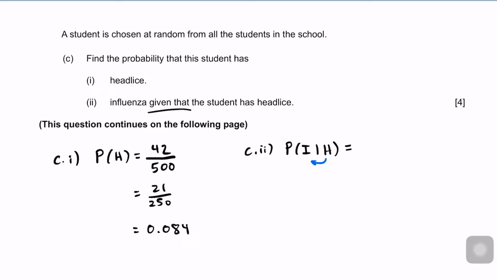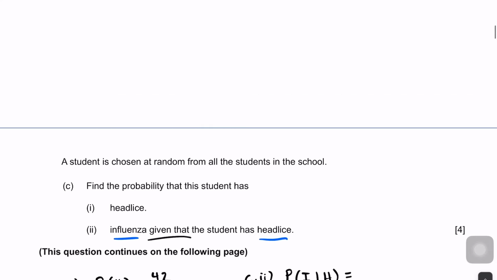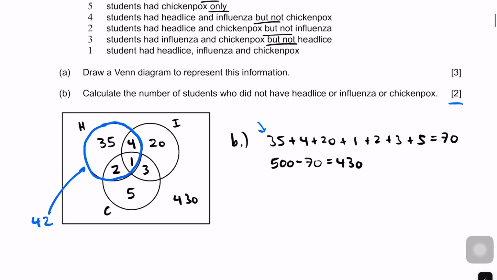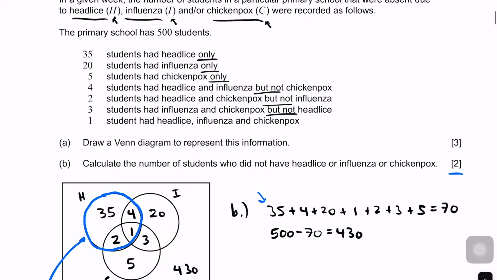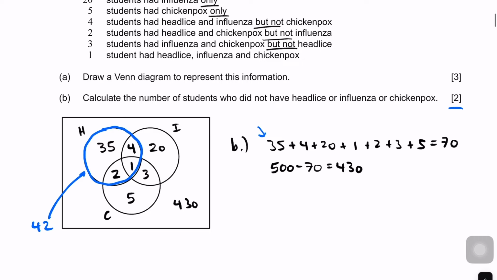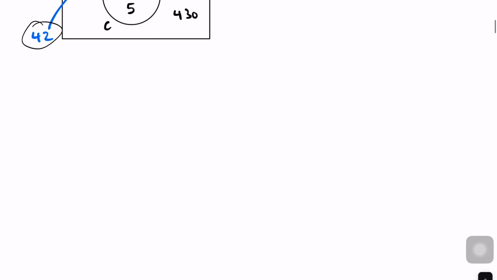Given that the student has head lice, what's the probability that they have influenza? Given that we're dealing with the students that have head lice, that's our subset in some sense. We have 500 students altogether in this school. How many of them have head lice? We found this earlier, and it was 42 students.